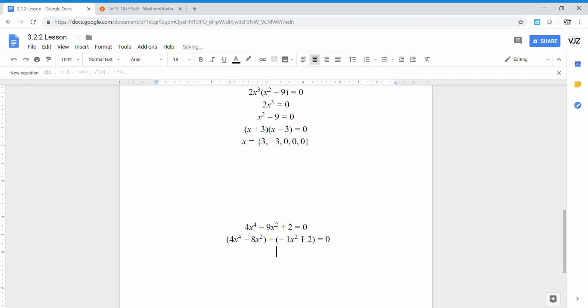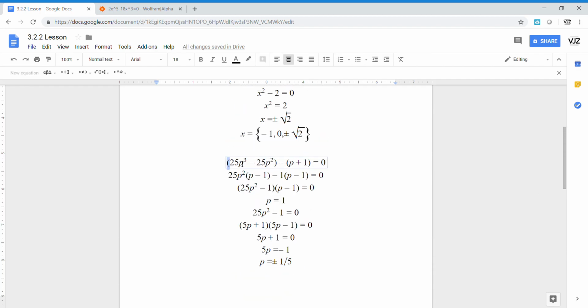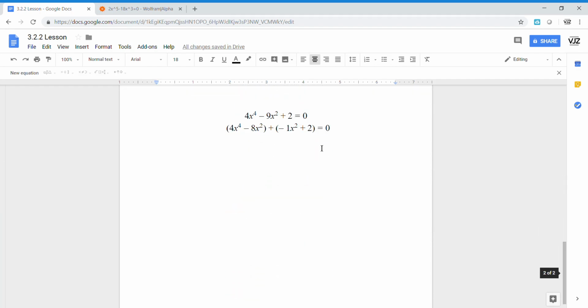Now that we had this, it will become one of these equations again. So all we have to do is follow through, and we take 4x squared as the greatest common factor. So on the left hand side we'll have x squared. Oh look, we have the x squared thing again.